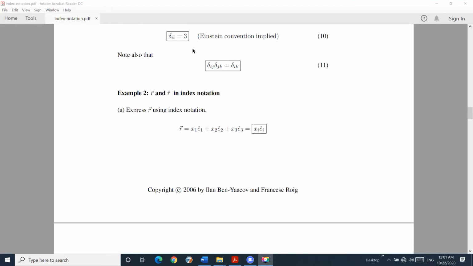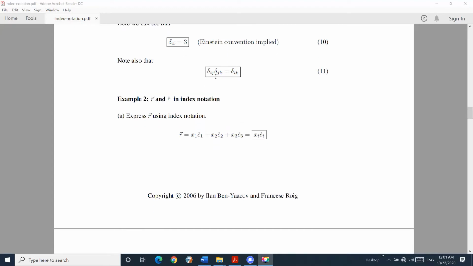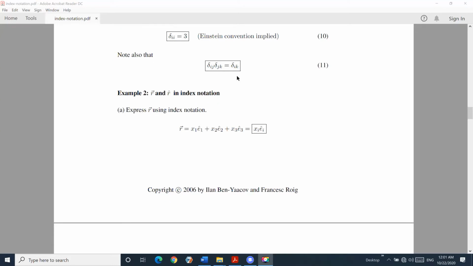And note also from this example, this gives the result of this.